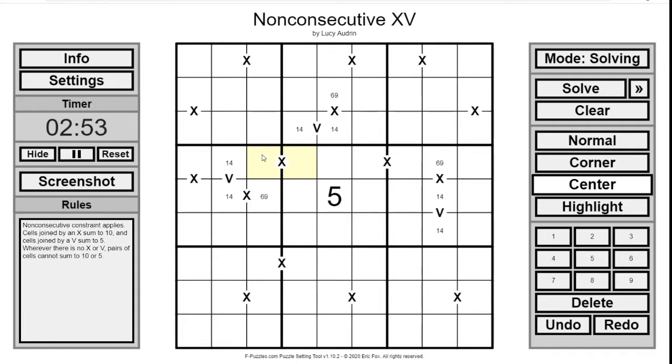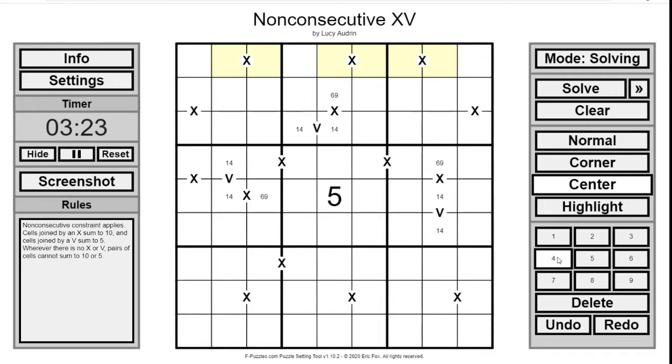I could either keep going with this line of logic, or I could think about what these x's mean, because those are 3 pairs of x's, which add up to 30, which means that the other 3 squares must add to 15. So what are the ways we could get to 10?